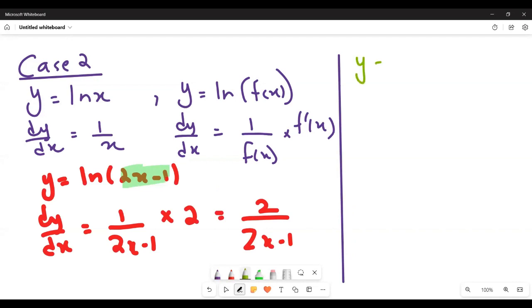Another example is y equals ln(x square minus 5x plus 1).